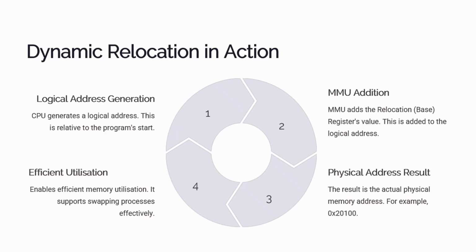This simple addition allows the program to run as if it were loaded from the start of the memory, even though it's physically loaded elsewhere. This technique supports swapping, reduces fragmentation, and ensures efficient memory allocation. So, this is dynamic relocation in action.